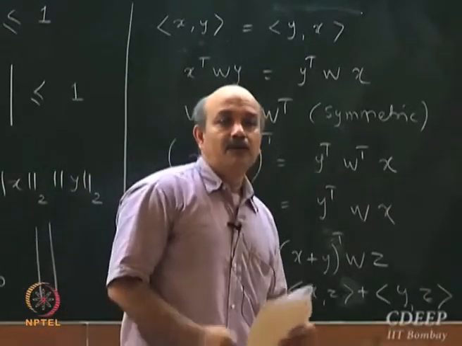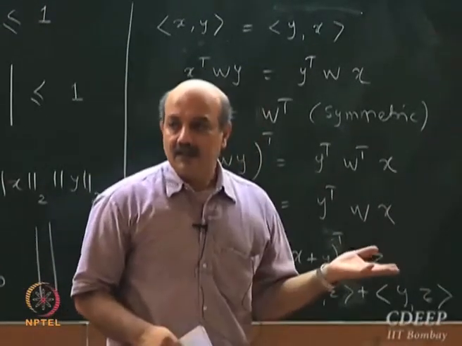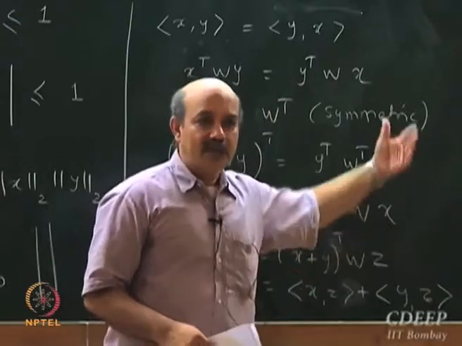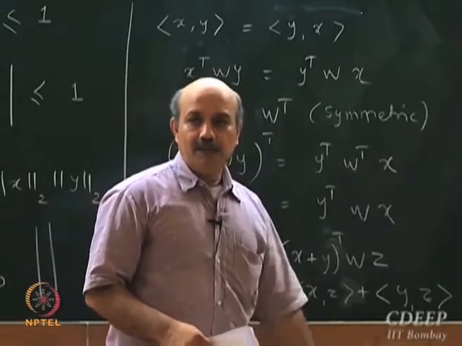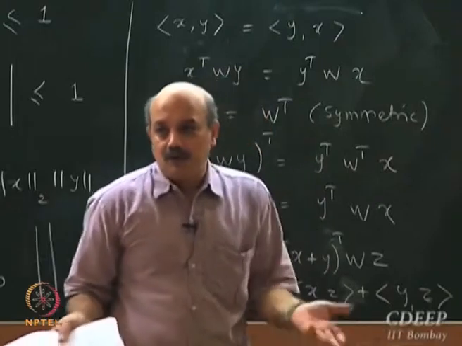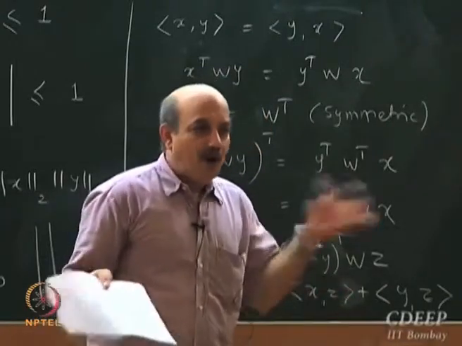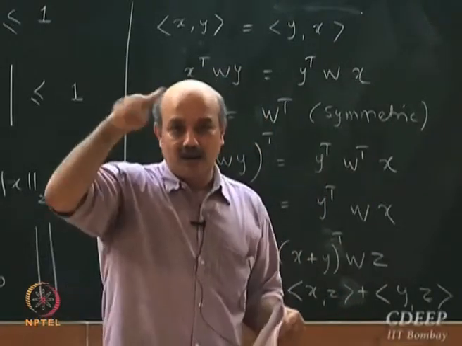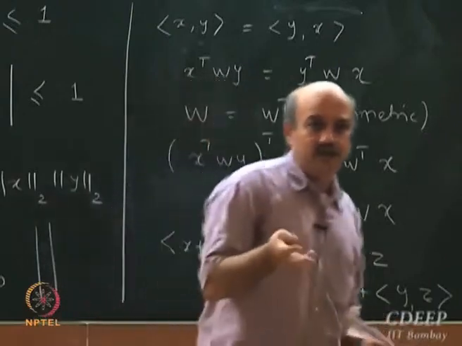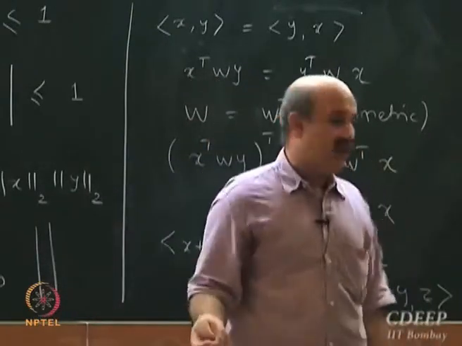If I multiply one of the vectors by a scalar, inner product should get multiplied by the scalar. Now we don't have to take the mod here, there is no bar here, we just have to take the scalar out because we are working with real numbers.